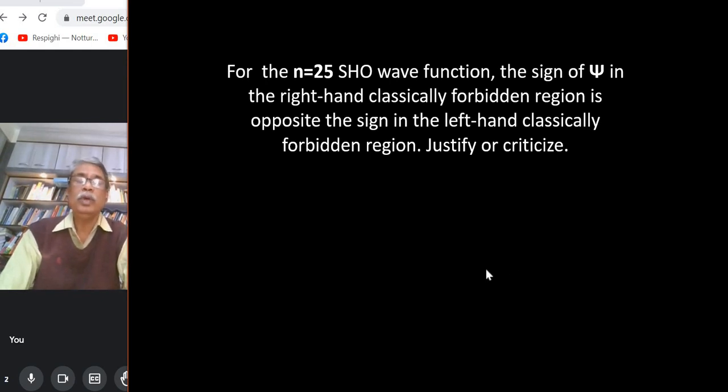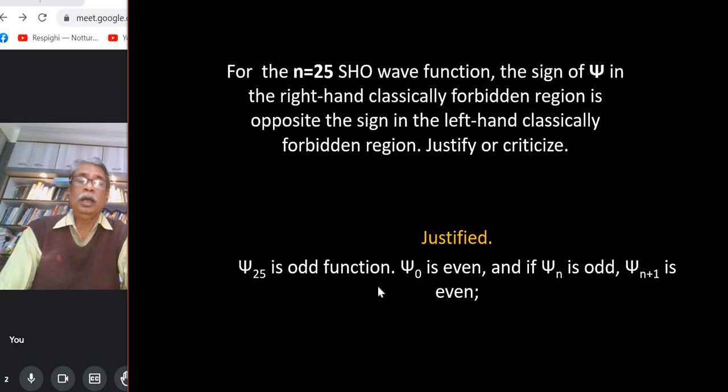As you know, any psi, say psi 0, we know that psi 0 is even in case of SHO, and also you know that if psi n is odd, then psi n plus 1 is even. That means they alternately come even, odd, even, odd. So psi 0 is even, psi 1 is odd, psi 2 is even, and so on. So psi 25 is odd.